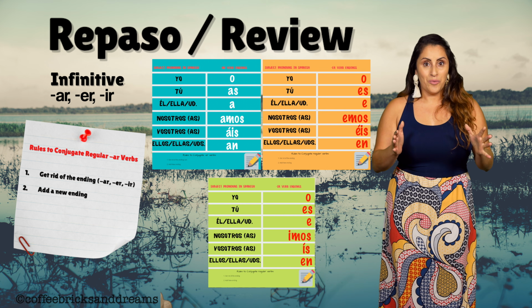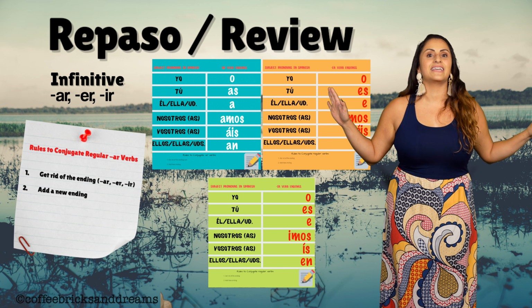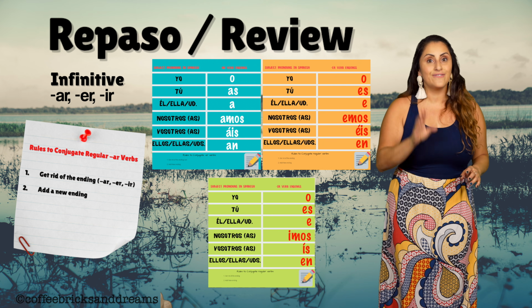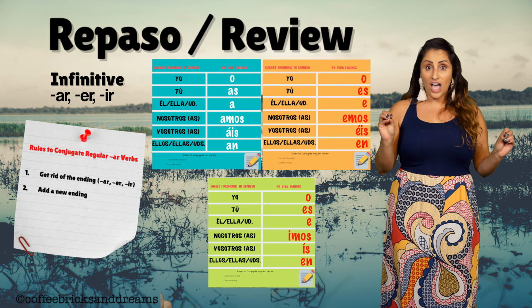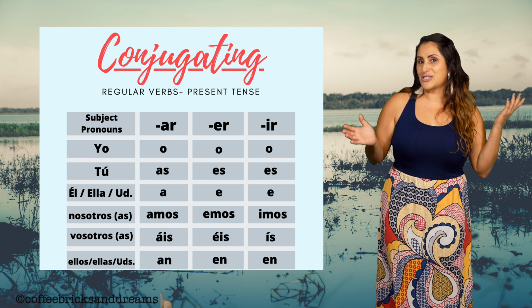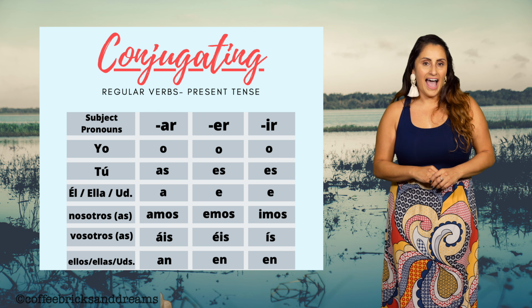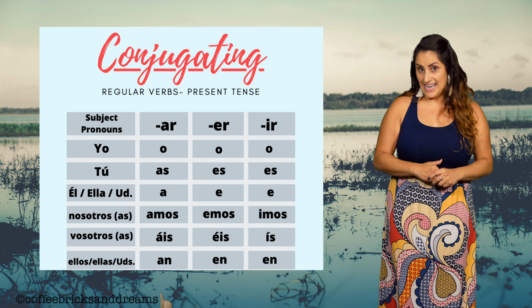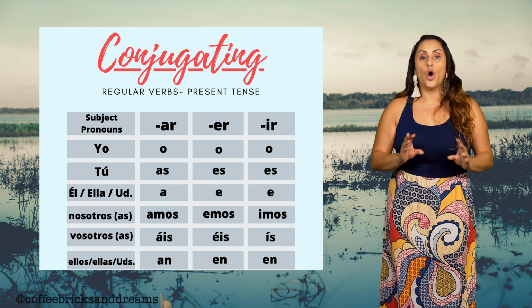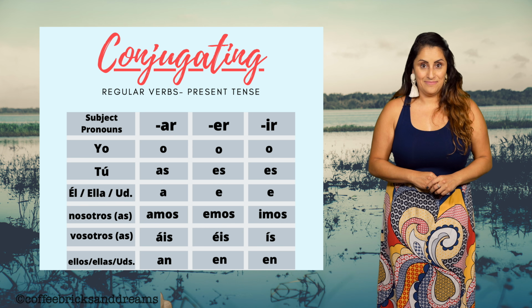So, since we've discussed that and we have that out of the way, let's go ahead and put together the endings for AR verbs, ER verbs, and IR verbs all together here so that you can see them. So let's go through them super quickly. AR verbs, o, as, a, amos, áis, and an. ER verbs, o, es, e, emos, éis, and en.